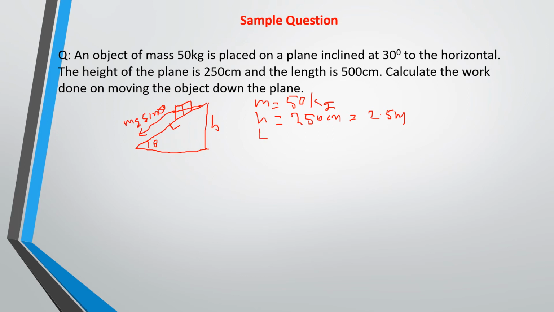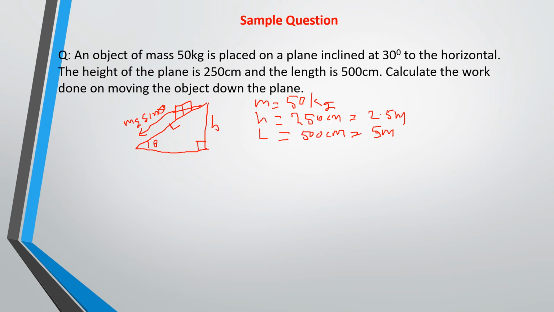The length of the plane, which is the distance, is equal to 500 centimeters. So you also convert this to meters, which gives you 5 meters. Okay. So here you have a right angle triangle.